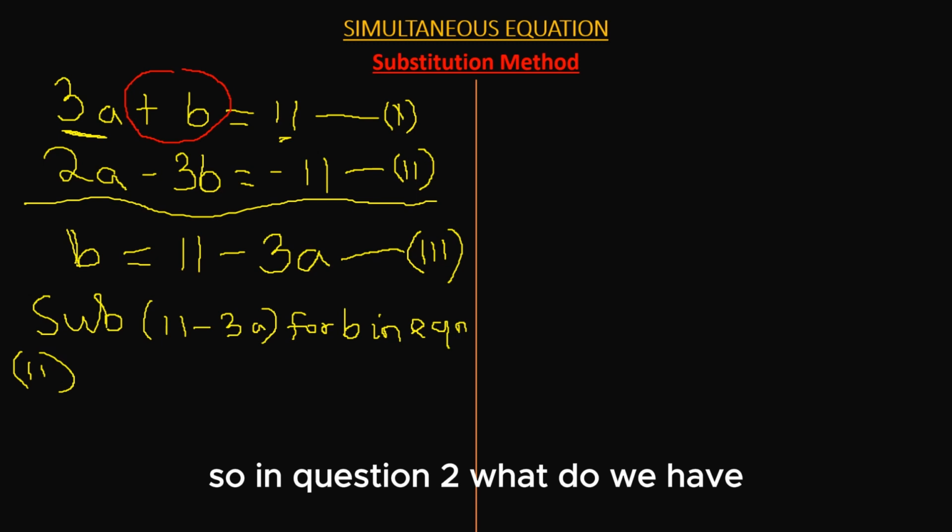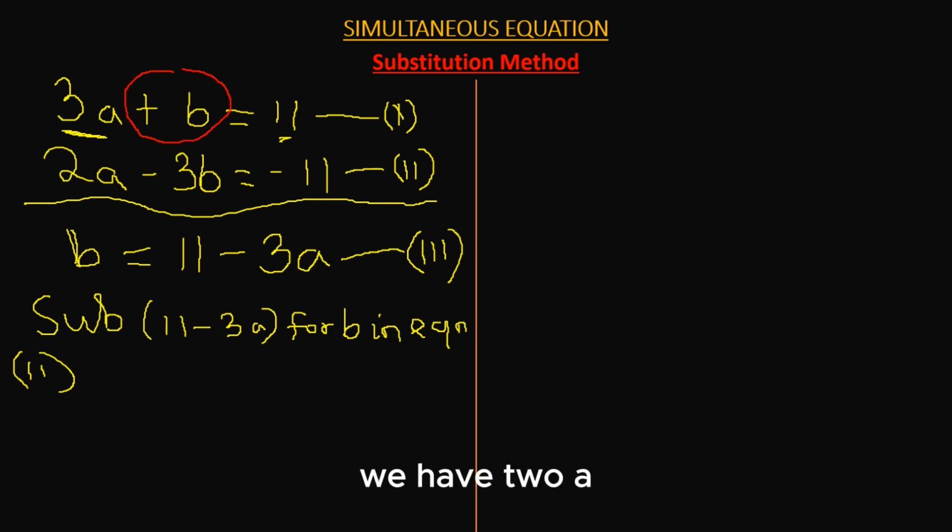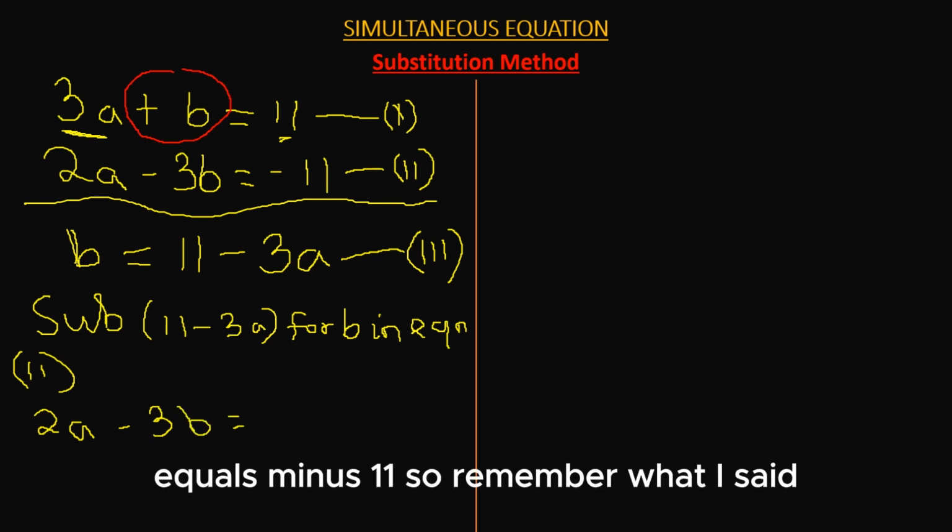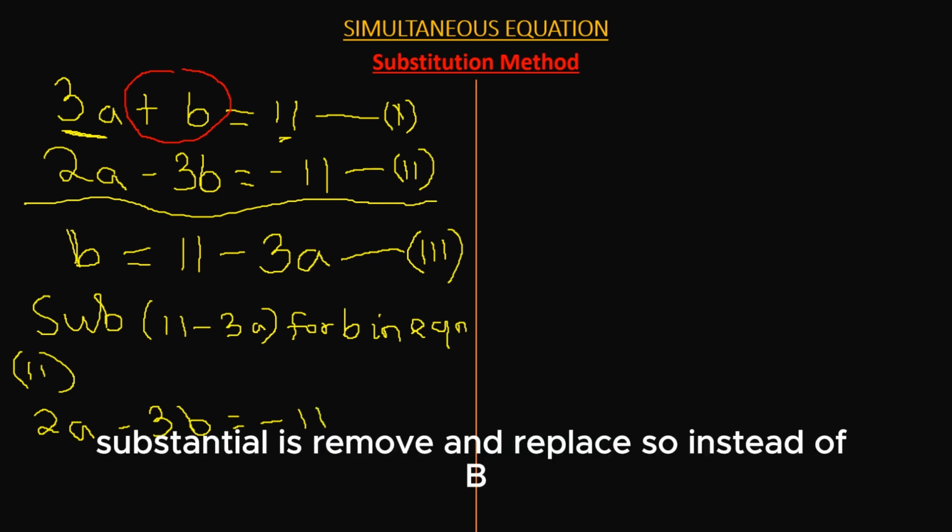So in equation 2, what do we have? We have 2a minus 3b equals minus 11. So remember what I said substitution is: remove and replace.